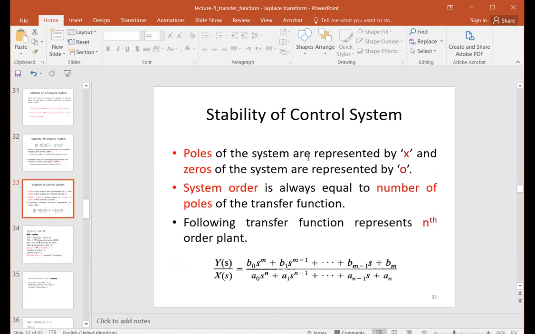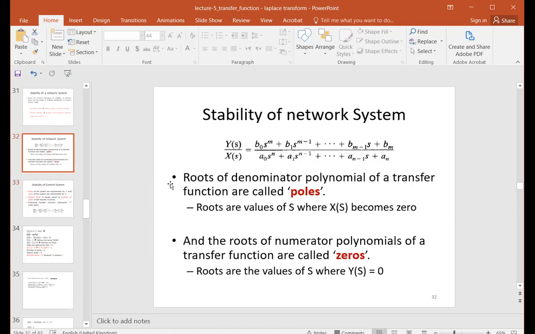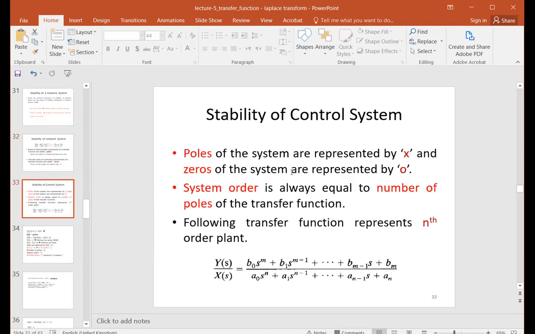Poles of the system are represented by x, and the zeros of the system are represented by 0. So if I solve for my x and solve for y, x is for my poles and y is for my zeros.